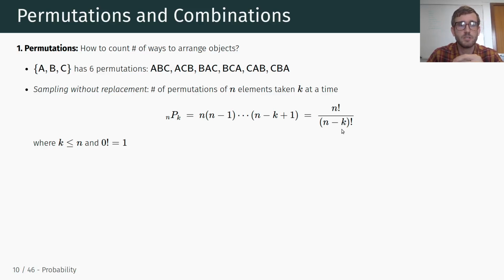And so the general formula to count permutations, if we have n elements and take k at a time, is n factorial divided by n minus k factorial.